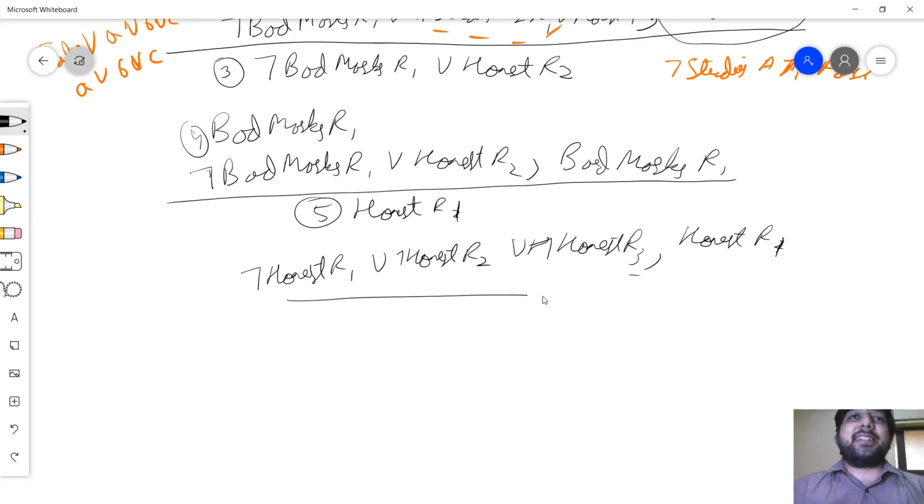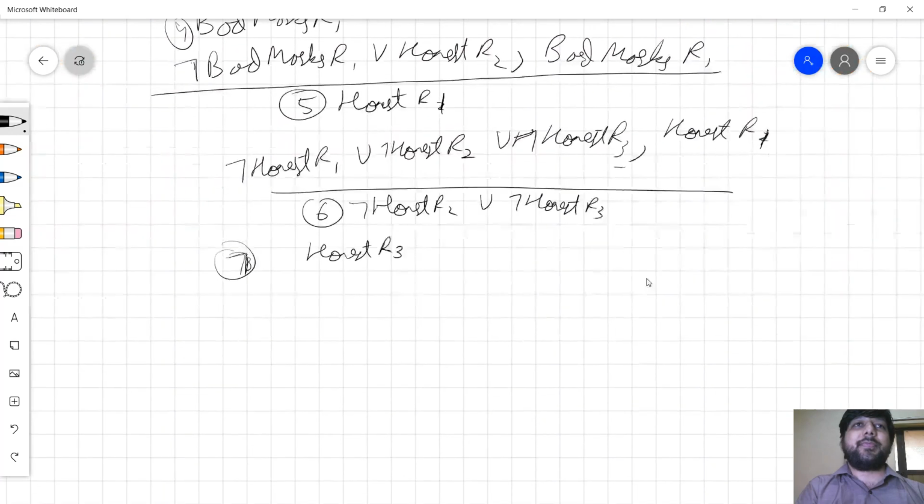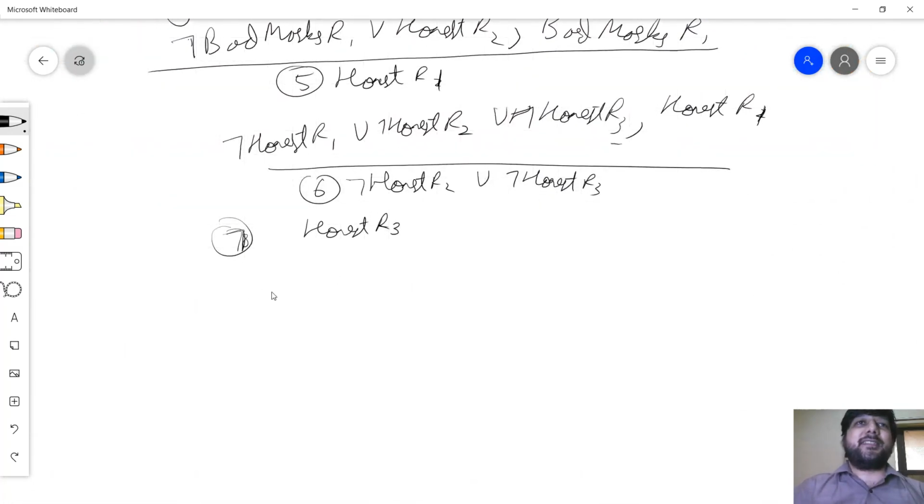So the negatives cut, which means I resolve number 6 over here, which is not honest R2 or not honest R3. Similarly, I'll derive number 7 by a similar process: honest R3. So if I resolve 6 and 7, it becomes not honest R2 or not honest R3, and honest R3.